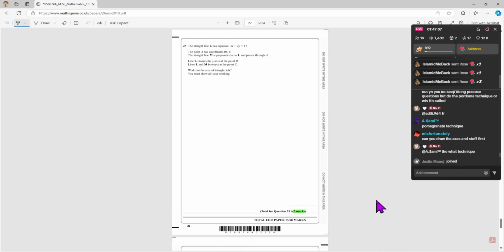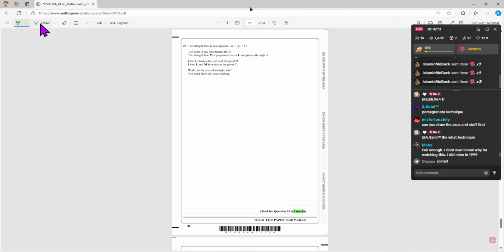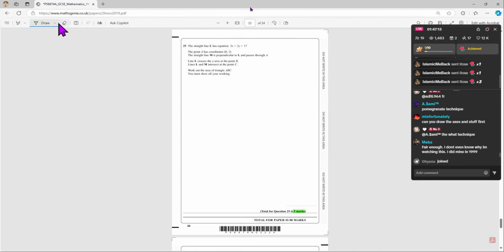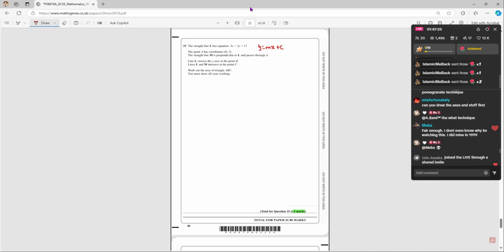The first thing you would do is write our equation of a line in the format y = mx + c, where m is the gradient and c is our y-intercept.